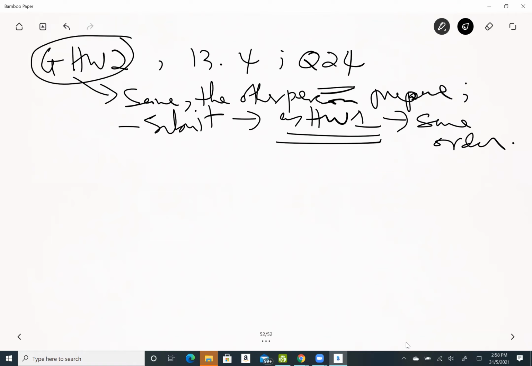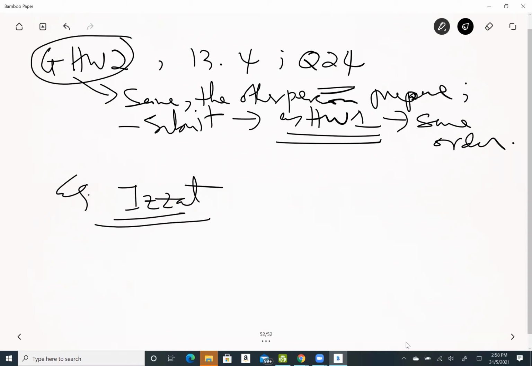You have to check whether it is you or not. For example, Izzat. You just put your name, Izzat, but your actual name in the registration list, in the class list, is not Izzat.